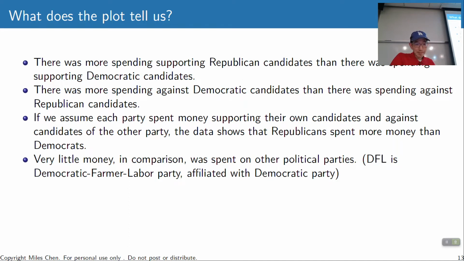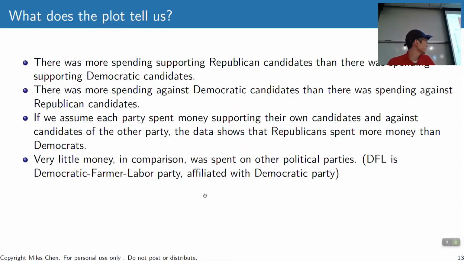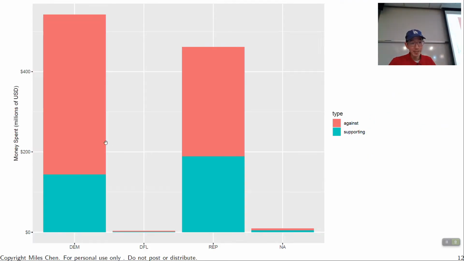But if you take the total of this red bar and this blue bar, I think even easily we can see the total is more, because as far as blue, this one's shorter than this one, and as far as red, this one's taller than this one. So if you take this chunk and this chunk, it's going to be less than this chunk plus this chunk, okay?